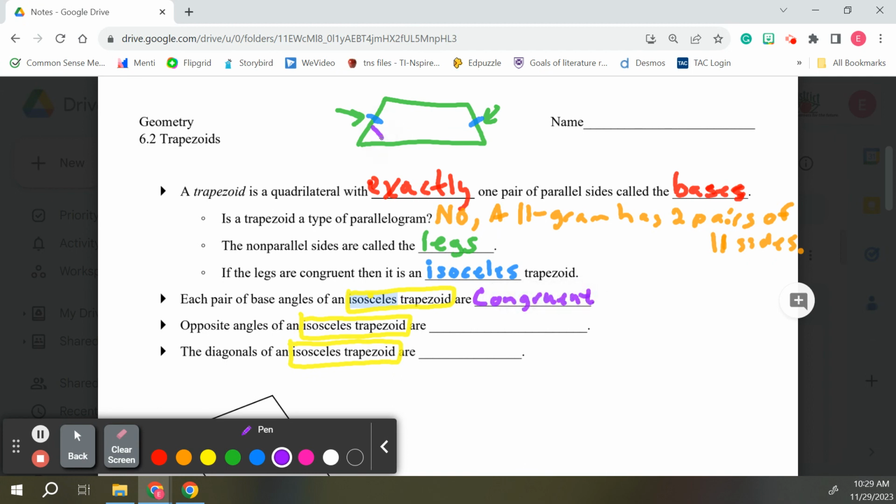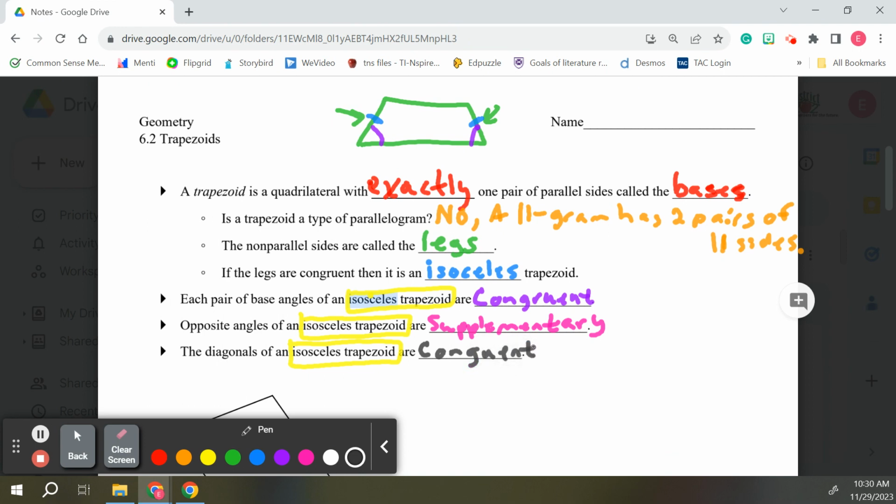And those two would be considered the base angles. Opposite angles of an isosceles trapezoid are supplementary. And the diagonals of an isosceles trapezoid are also congruent.